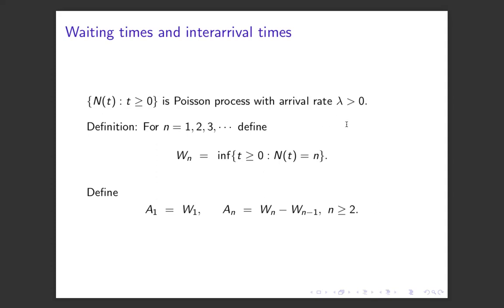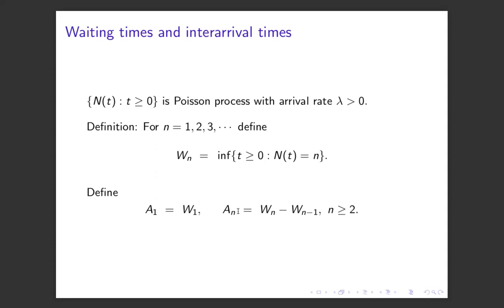Some corresponding things you have seen in the discrete case. When you have Bernoulli trials, the first time the first success occurs would correspond to W1 as well as A1. And Wn corresponds to the time of the nth success.